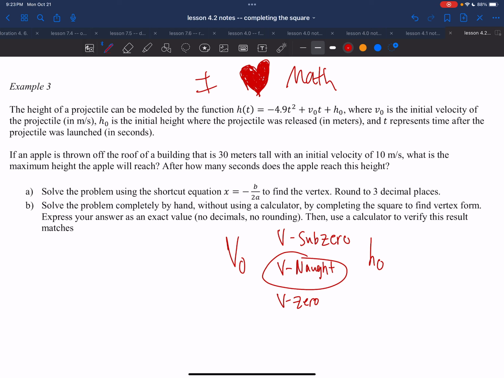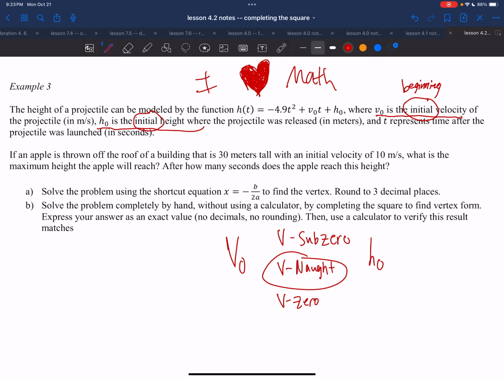And whenever you see that little 0, this is context for chemistry and physics. V naught is the initial velocity. Initial meaning beginning. Same thing for H naught, which is the initial height. When you say initial velocity, that's how fast it's moving the second it's launched.